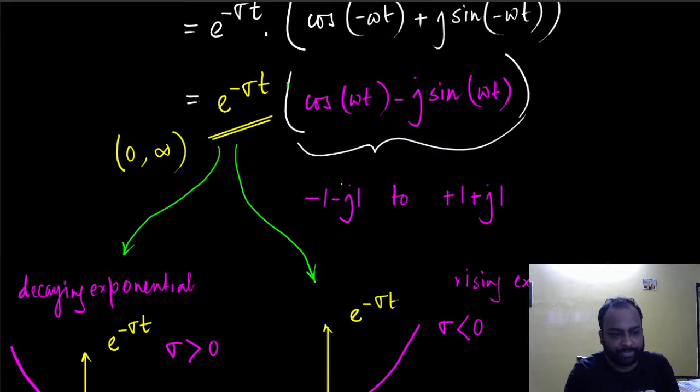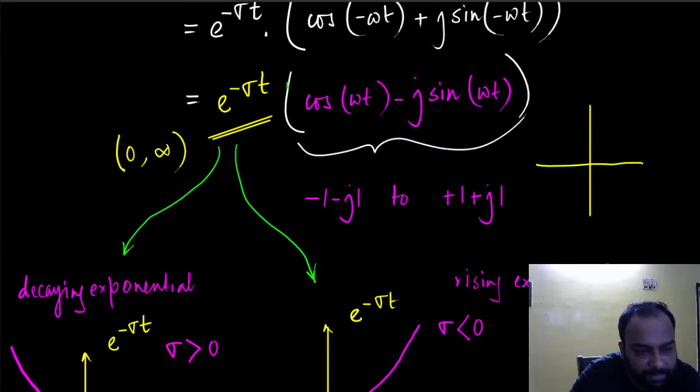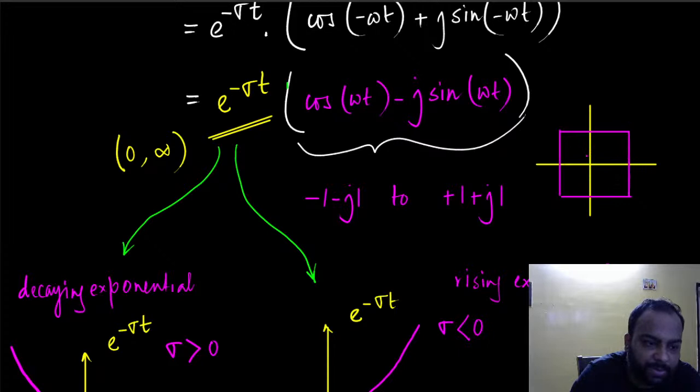In the complex plane, this is bounded between certain fixed values. If I draw the complex plane, then cos omega t minus j sin omega t, this purple portion, is bounded between 1 plus 1j and minus 1 minus 1j. So this complex number is bounded within this.